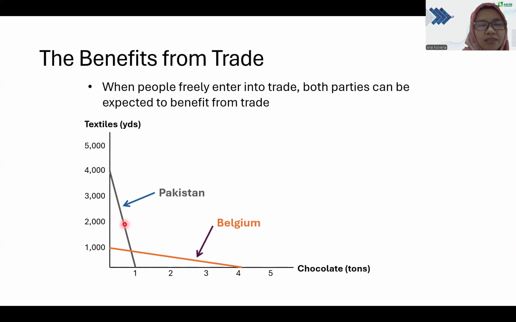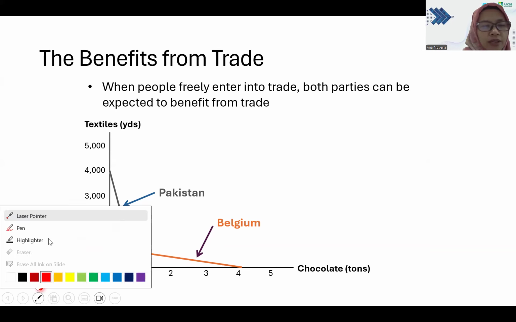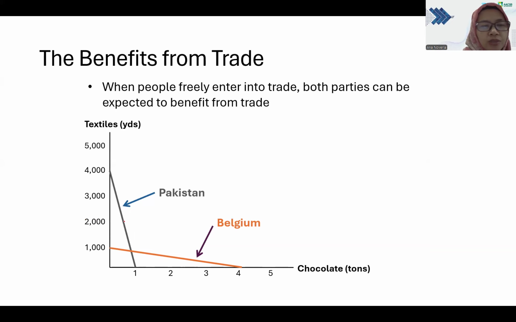So let's take an example. Let's say Pakistan starts at this point, so they produce 2,000 yards of textile and 0.5 tons of chocolate, or 500 kilograms. So this is point A for Pakistan.